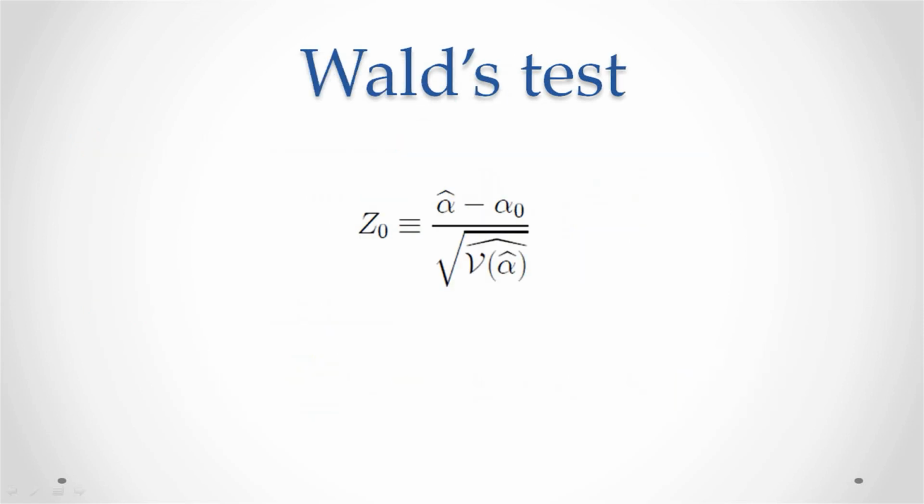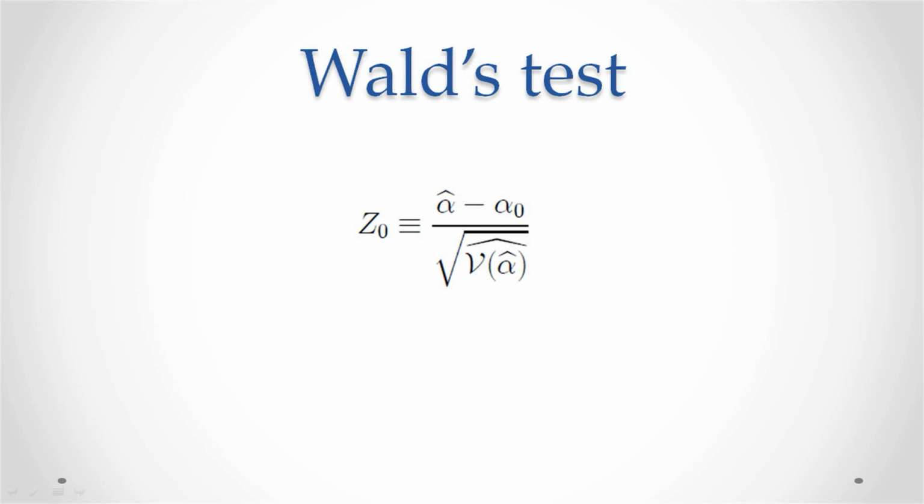An automatic consequence of using maximum likelihood for estimation is that we have a ready-made testing procedure. So say for example, we have a scalar situation where we have a single scalar parameter and we wish to test H naught: alpha is equal to alpha naught for some specified value alpha naught.